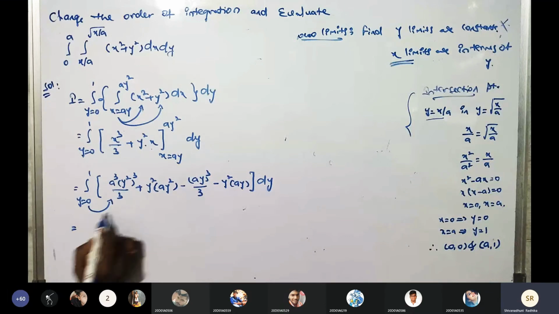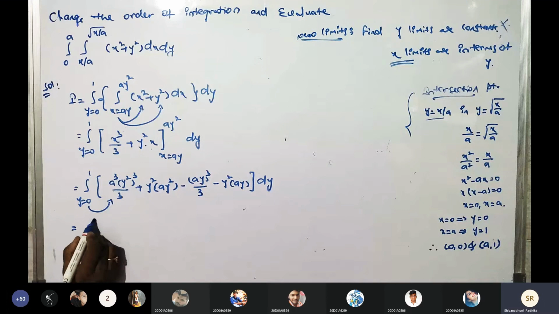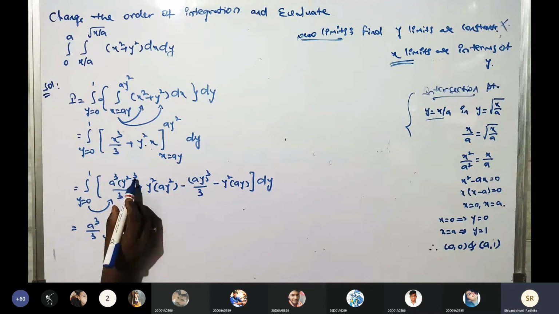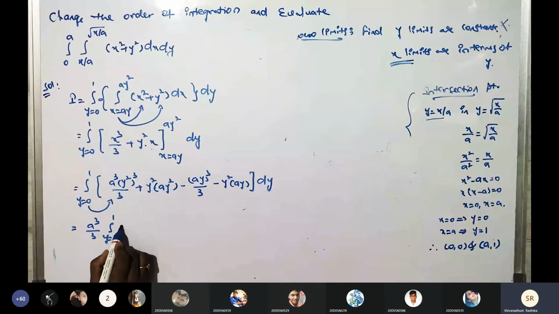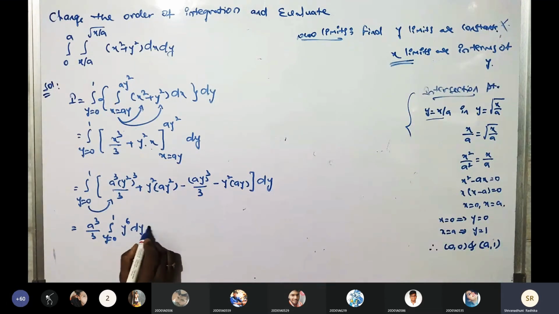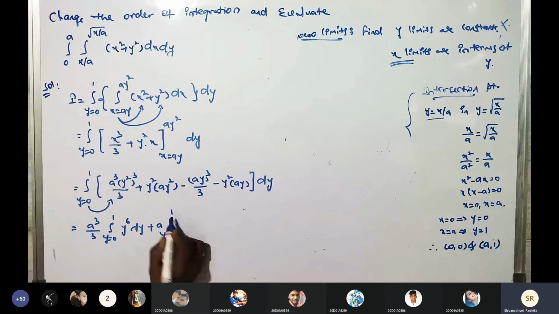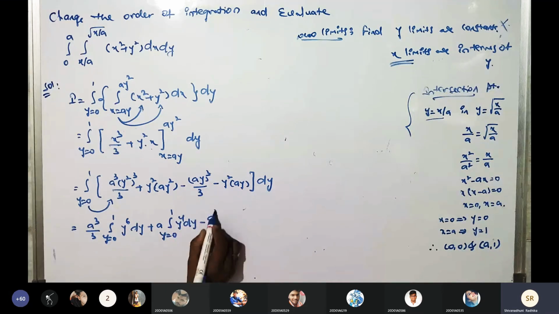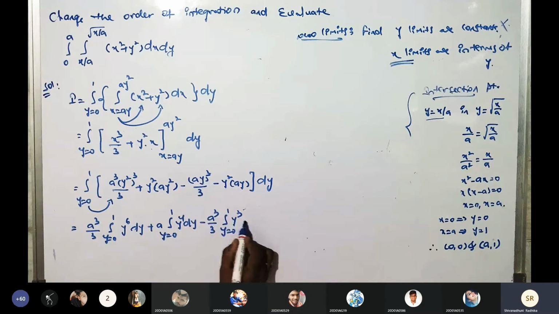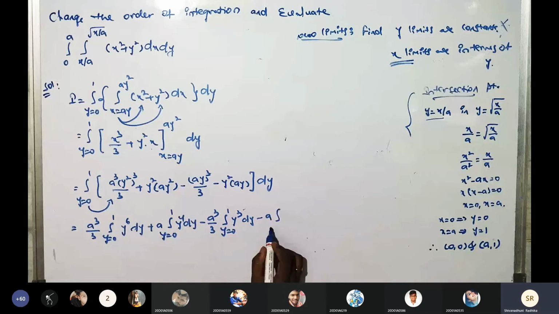For the first term, a cube by 3 is the constant taken outside, integration y equals 0 to 1, y square whole cube, 2 plus 2, 4 plus 2, 6, so y to the power of 6 dy, plus here a is the constant, integration 0 to 1 of y to the power of 4 dy, minus a cube by 3 is the constant, integration 0 to 1 of y cube dy, minus a is the constant taken outside, y square into y is y cube, integration 0 to 1 of y cube dy.